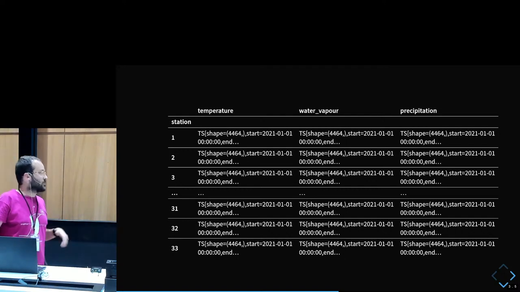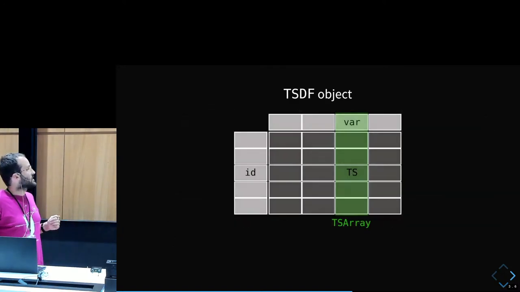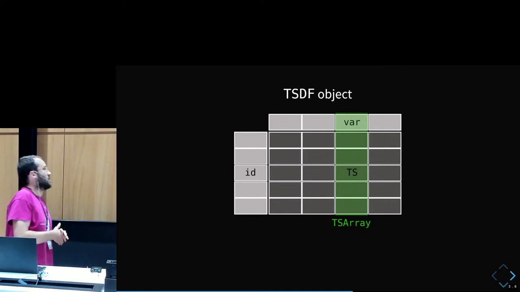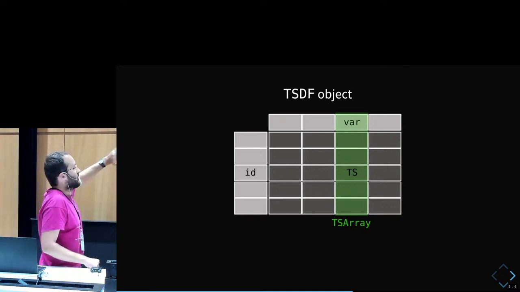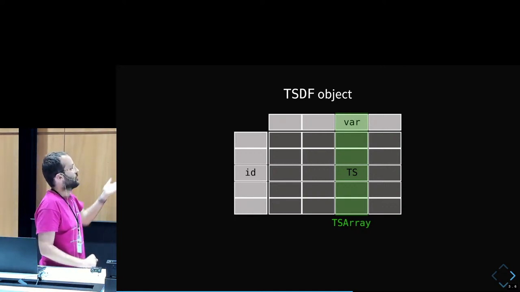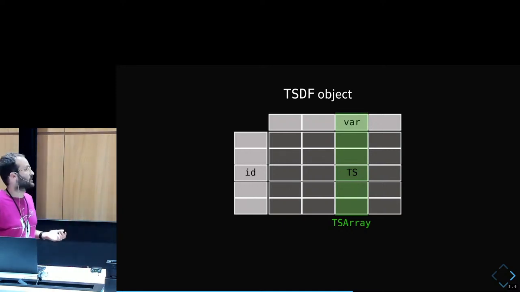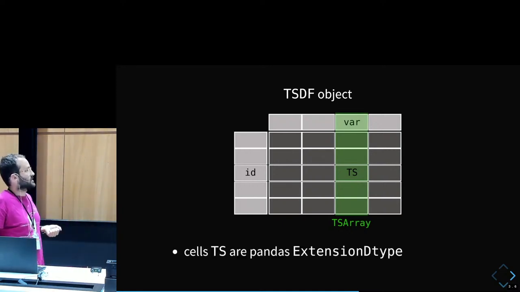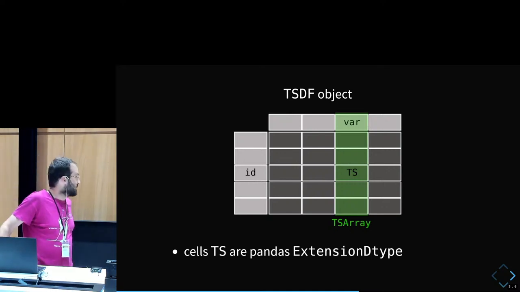So we can support univariate and multivariate objects. The idea is quite simple: for each station ID and variable, we can have a time series object. And the whole column would be a TS array, which is a pandas extension data type.